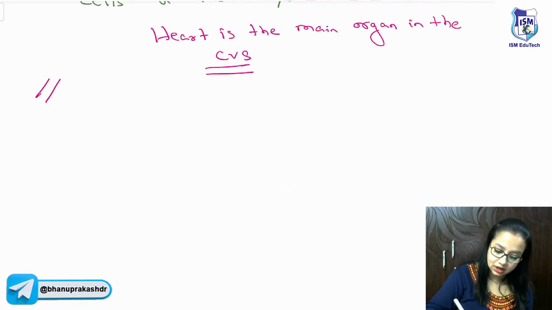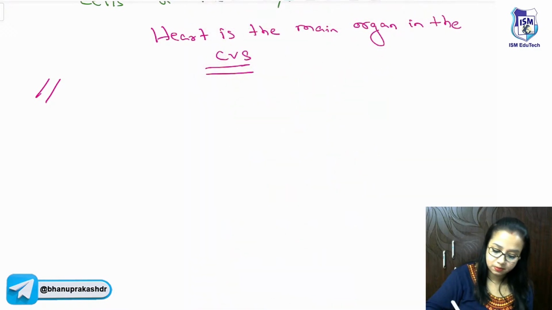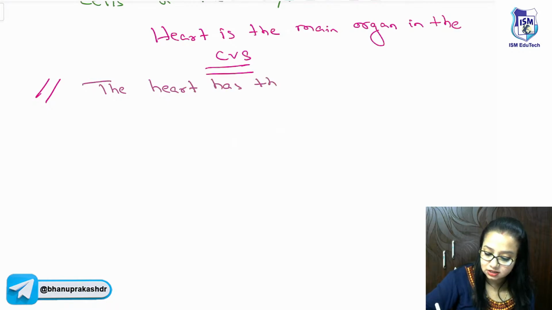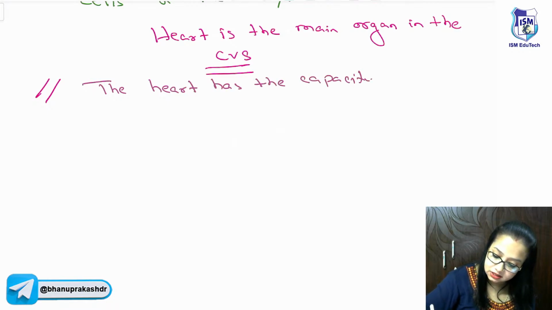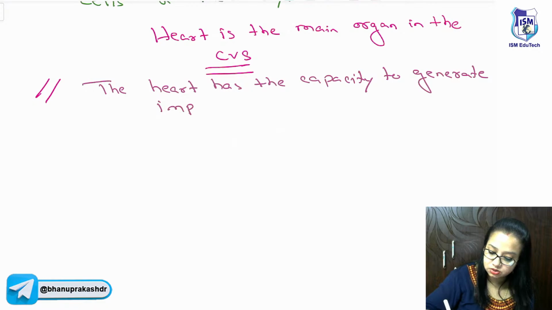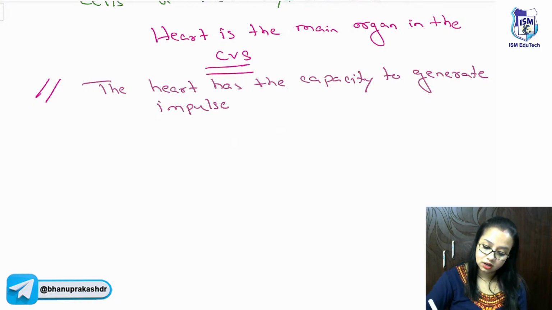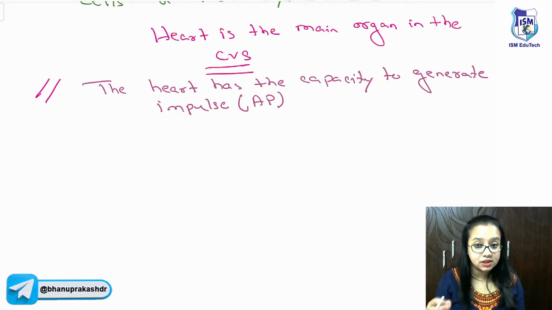Now, we know from very school life that the heart has the capacity to generate impulse. So every time the heart is beating, that is contracting and relaxing, it happens due to the impulse that is generated. When I talk about the impulse, impulse means action potential or the electric event.